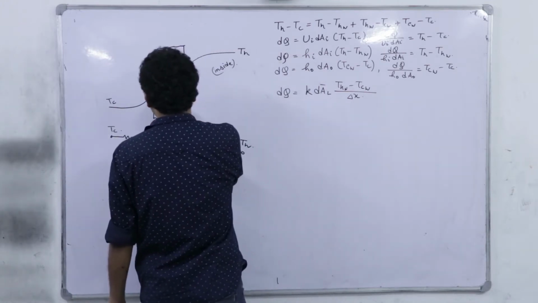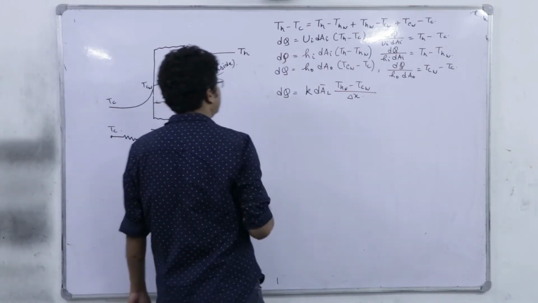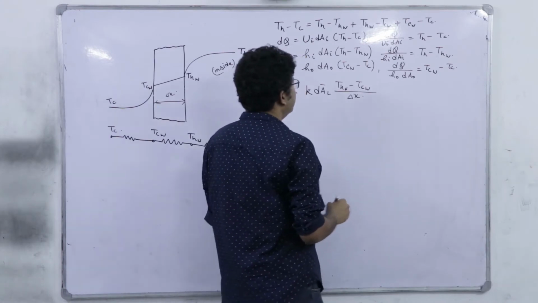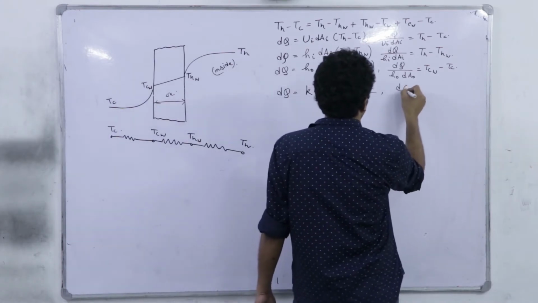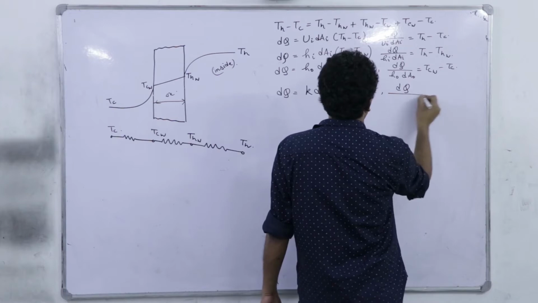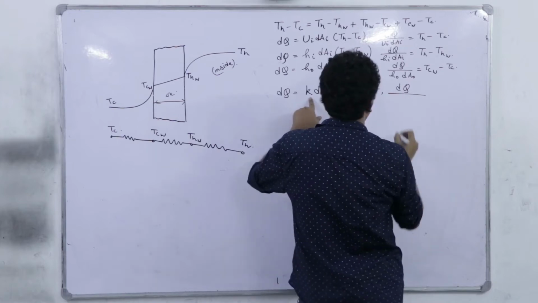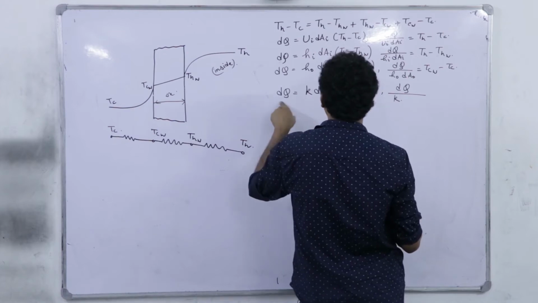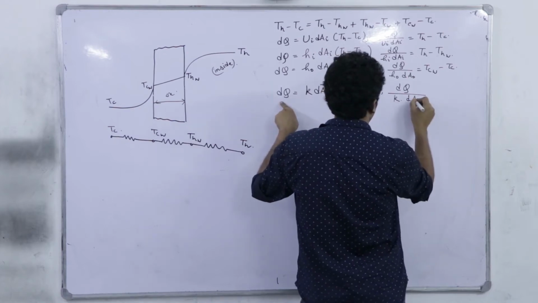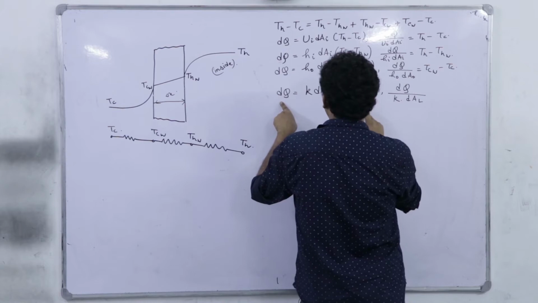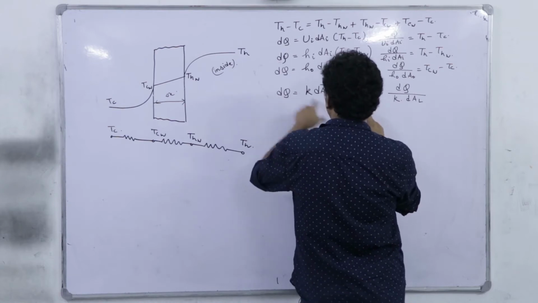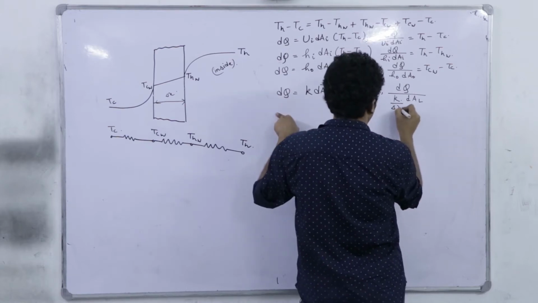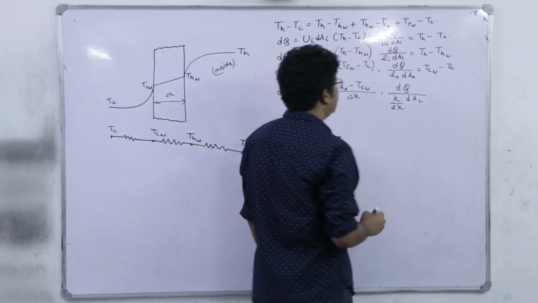So, dQ divided by K into dAL bar, and we can go for cross multiplication with the denominator delta x.